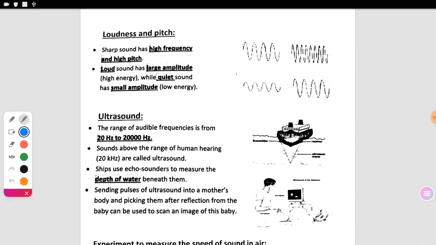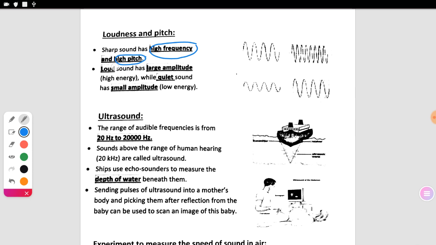A sharp sound is characterized by high frequency, which means high pitch.